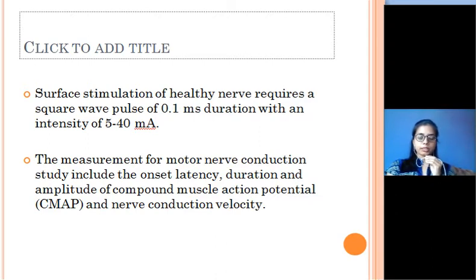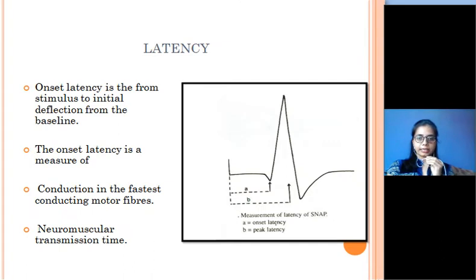So, the first parameter is onset latency. As you can see here, onset latency is the time in milliseconds. As you can see this straight line, this is what is known as onset latency. It is the time in milliseconds from where we give the stimulus to where we see the first deflection from the baseline.